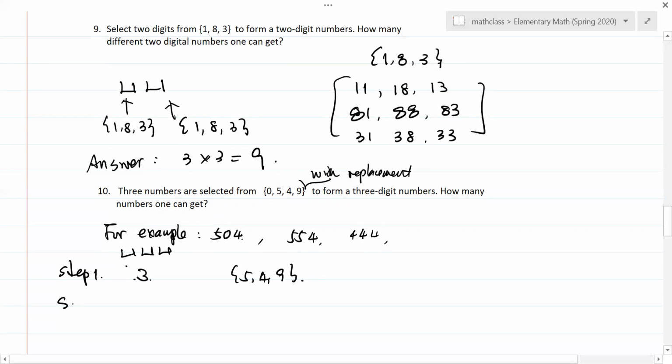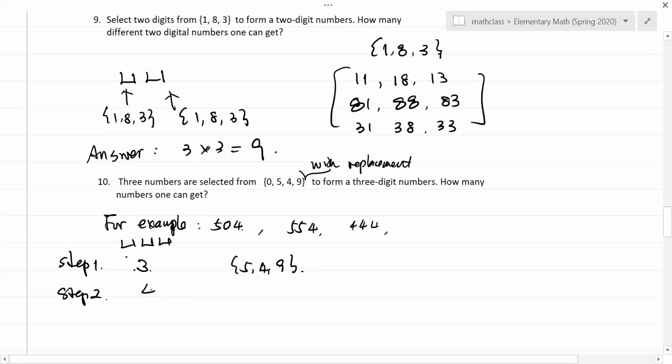And step 2, you can pick any of those 4 digits, so you have 4 choices. Step 3 is for the units digit. Tens digit, units digit. You also have 4 choices.